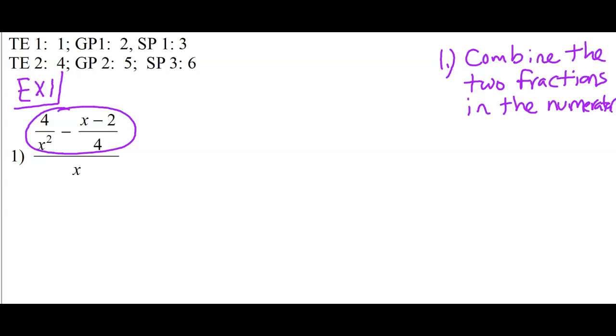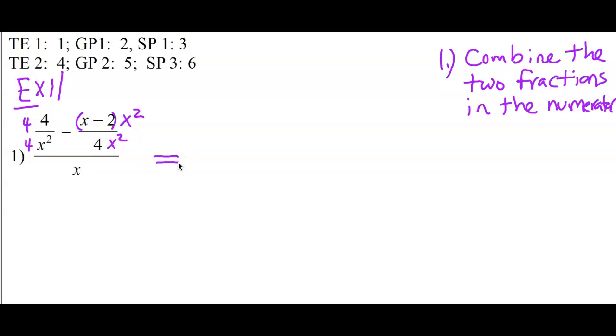So if I want to combine these two fractions in the top, what would I need to multiply this side by? 4. And what would I need to multiply this one by? Good. And I'm going to put this binomial in parentheses there because we want to know that we're distributing it into the whole thing, right? So let's go ahead and rewrite that now.